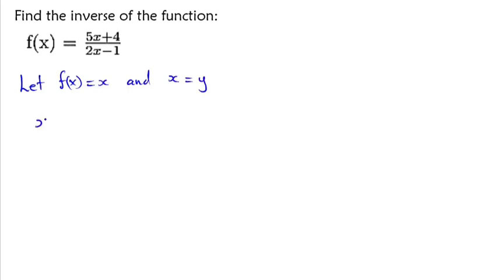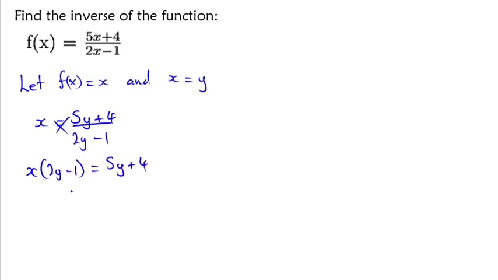We'll have x is equal to, so replace that x with y, 5y plus 4 divided by 2y minus 1. So I'll cross multiply, because now we have to make y the subject of the formula. So we'll say x is multiplying 2y minus 1. This side we have 5y plus 4.